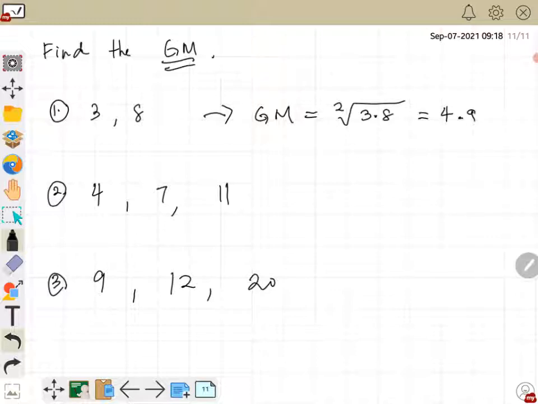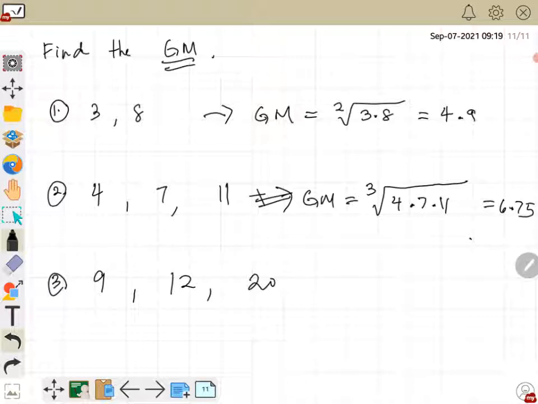Okay, so here, since we're getting the geometric mean of these three terms, we have the cube root of 4 times 7 times 11. You can simply multiply 4 times 7 times 11, then get the cube root of that. That's 6.75. That is our geometric mean.